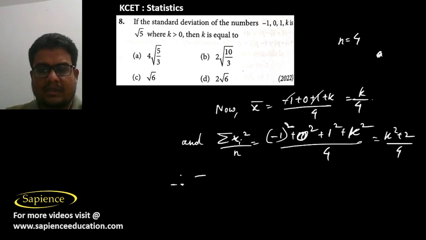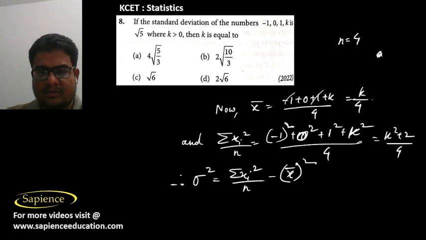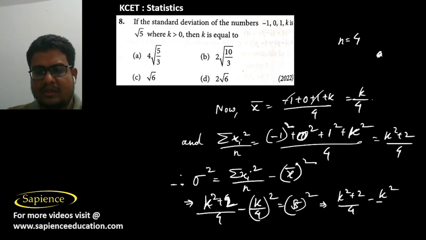Now therefore sigma square will be equal to summation xi square by n minus x bar whole square. Therefore this will be equal to k square plus 2 by 4 minus x bar square, that is k by 4 whole square, that is equal to root 5 whole square. Means that k square plus 2 by 4 minus k square by 16 is equal to 5.